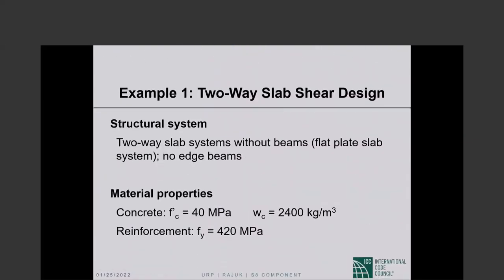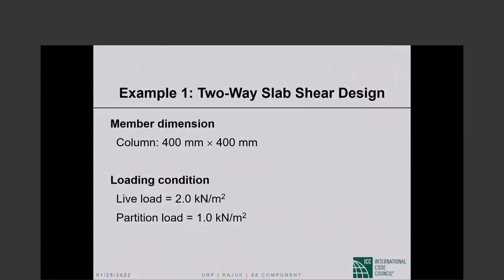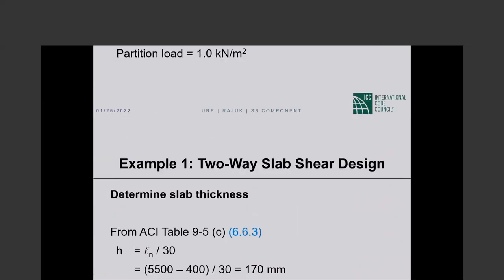The problem description is the same as yesterday: two-way slab system without beams, no edge beams, concrete strength 40 MPa, reinforcement 420, the unit weight of concrete 2400 kilograms per cubic meter. Columns are 400 by 400 millimeters. Live load 2 kilonewton per square meter, that is reducible, and partition load 1 kilonewton per square meter, which is not reducible.